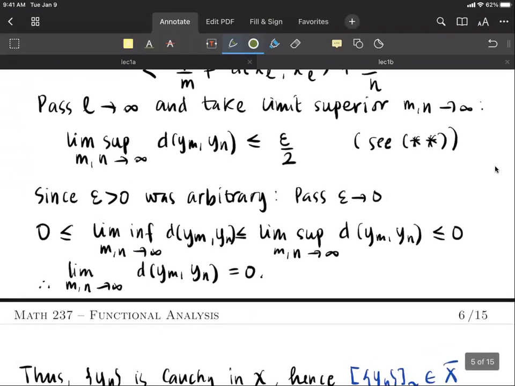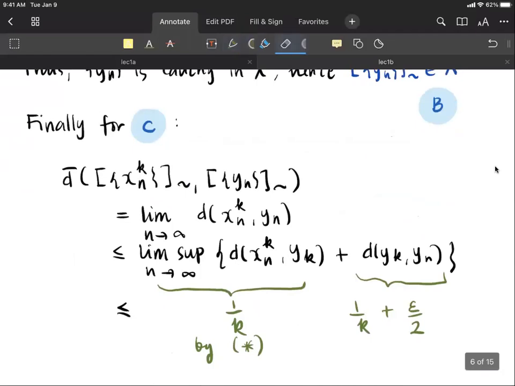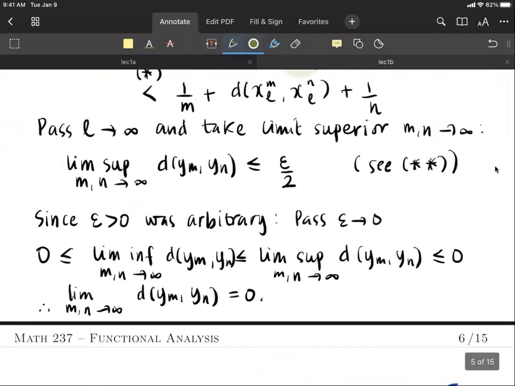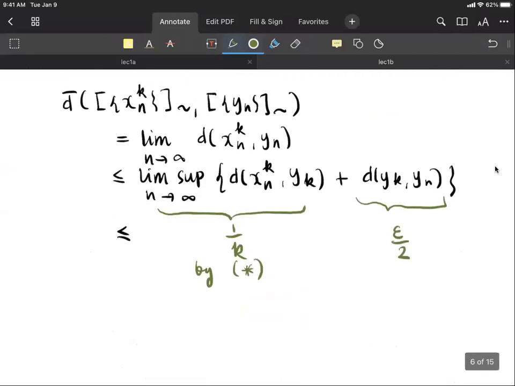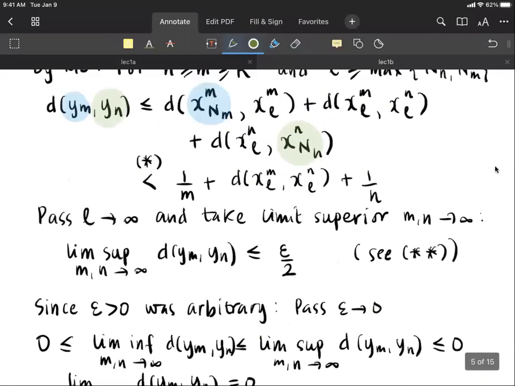Or I should say less than epsilon over 2, and I think there should be plus 1 over k in this case. You need to see that one.